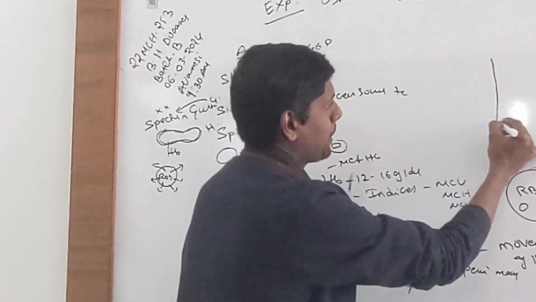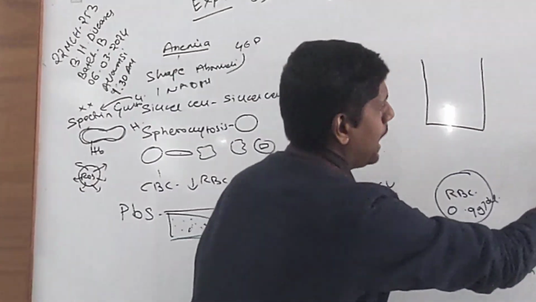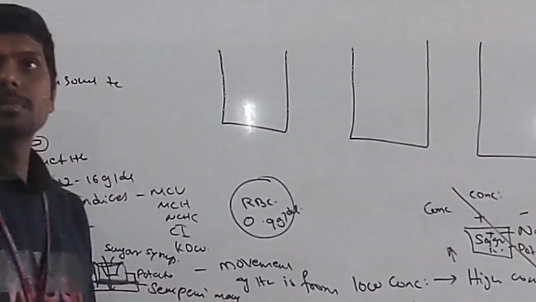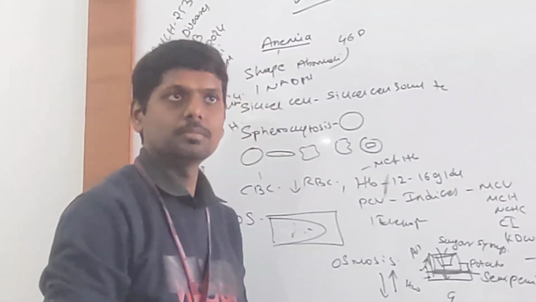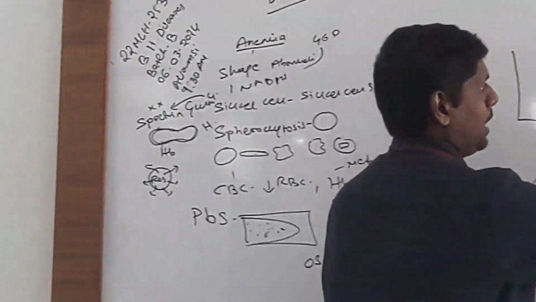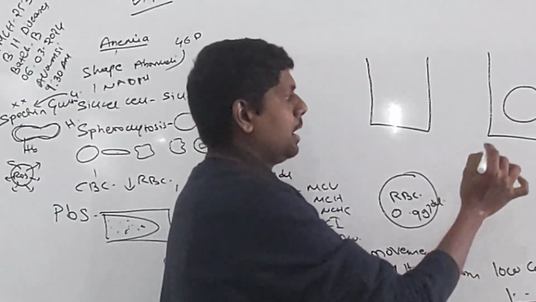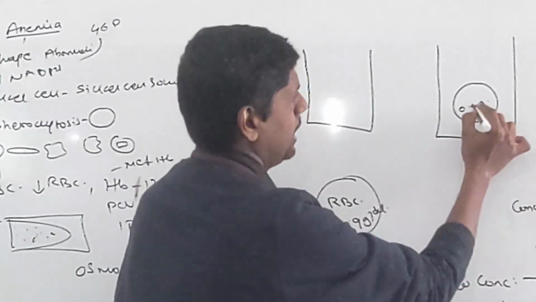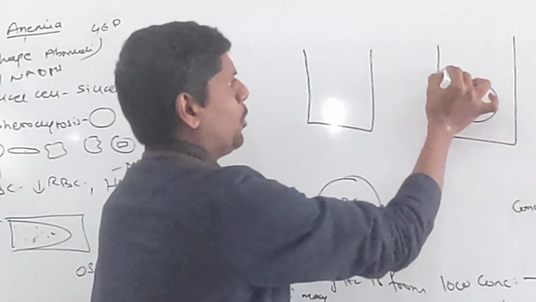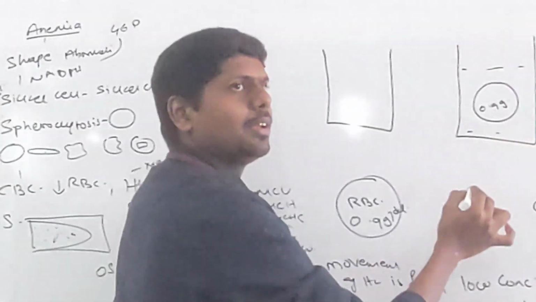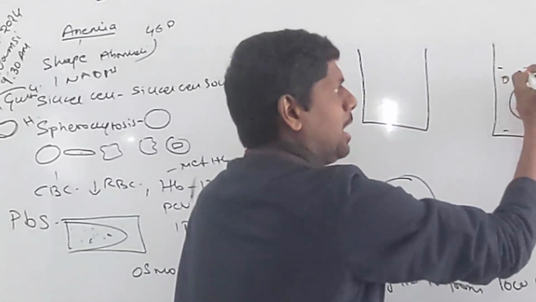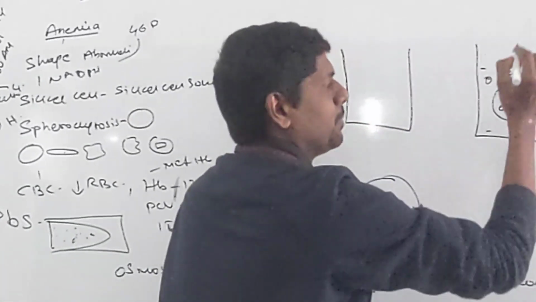Now, I will replicate an experiment here. See, I took 3 jars. Everyone pay attention. In this jar, I kept red blood cells with 0.9 grams sodium, and I kept water also in this jar with 0.9 grams of sodium.